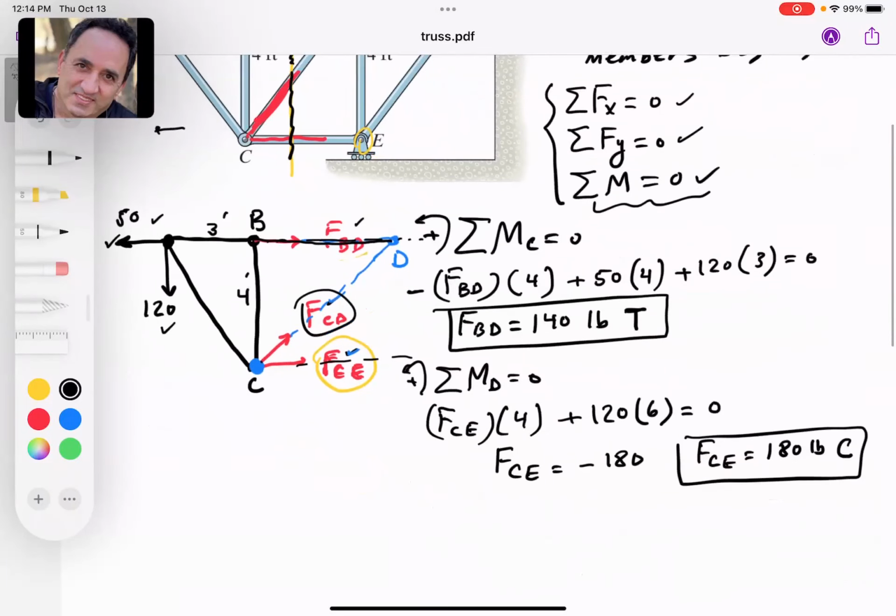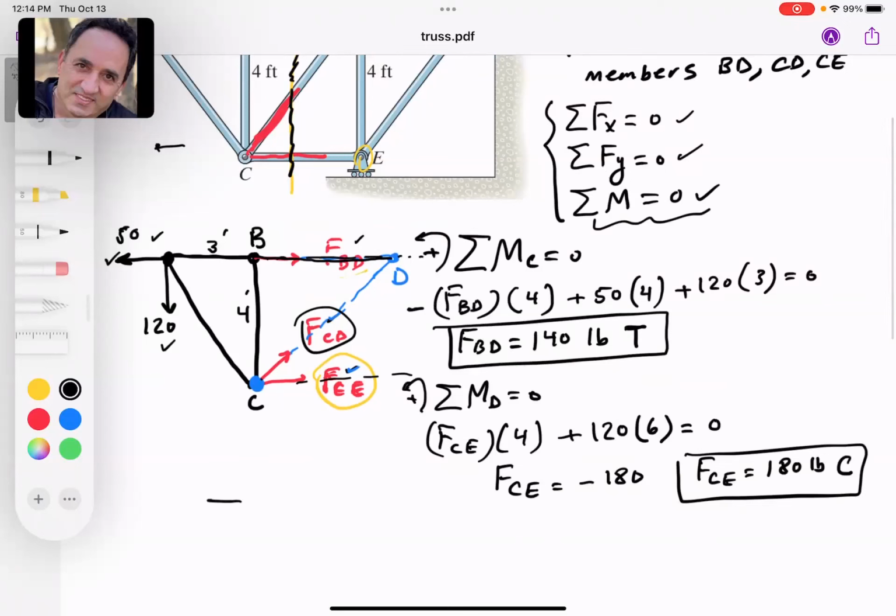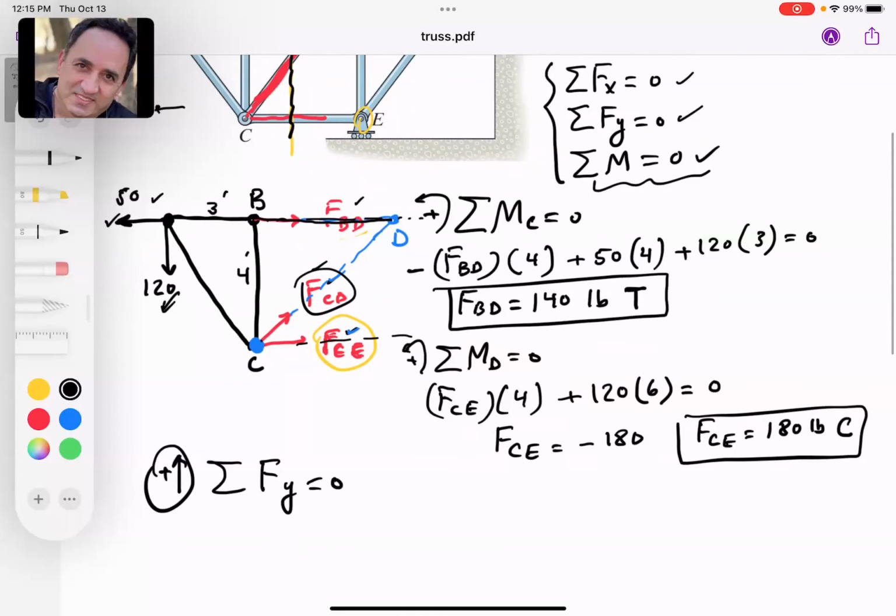So even though you can use a moment equation about some convenient point, in this case, since CD is the only force that has a Y component, and of course I have the 120 external load, why don't we just balance forces in the Y direction? And that's the quickest way to find FCD.